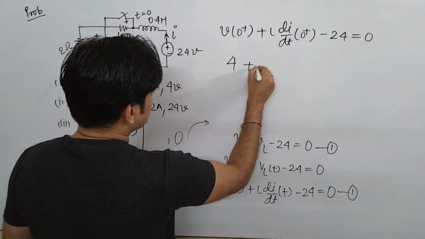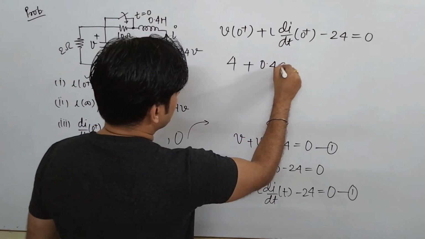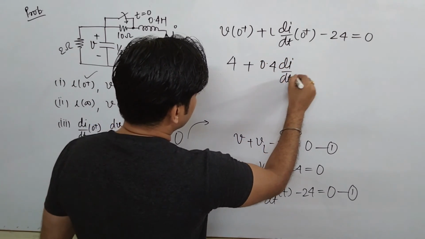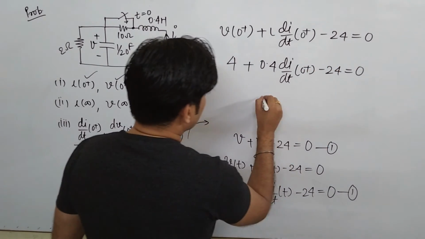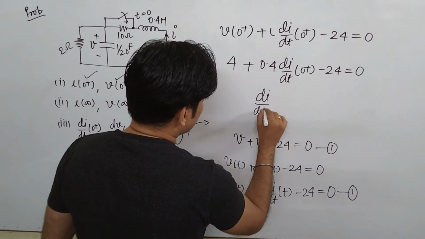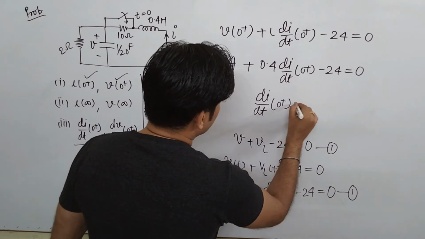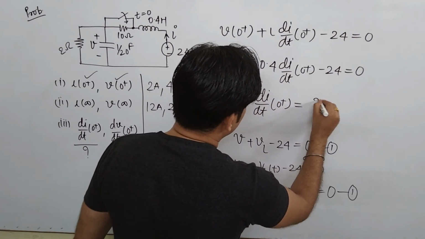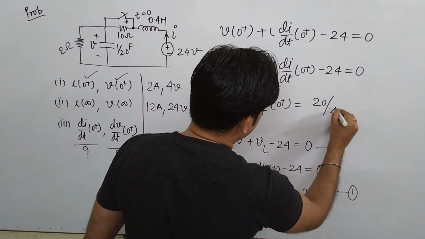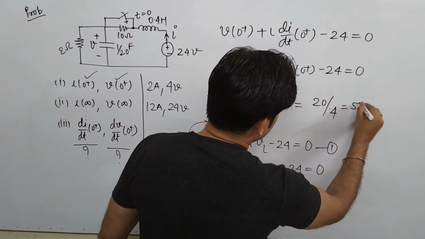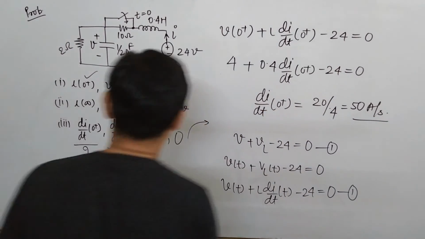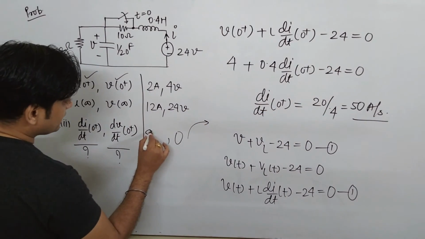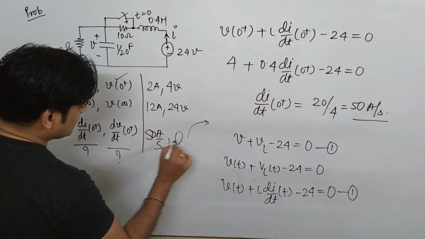So it is 4 plus the value of L, 0.4, di/dt at 0 positive minus 24 is equal to 0. If you solve it, di/dt at 0 positive is equal to 20 by 0.4, and that comes to be 50 ampere per second. So this answer comes to be 50 ampere per second.